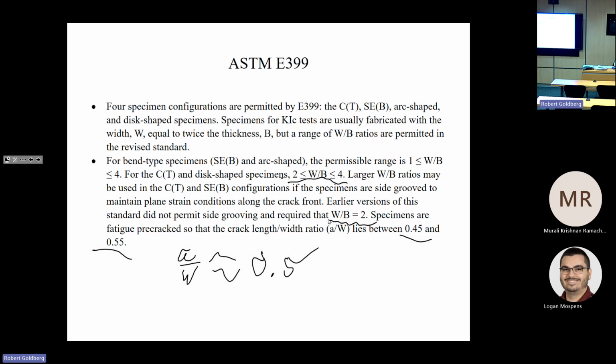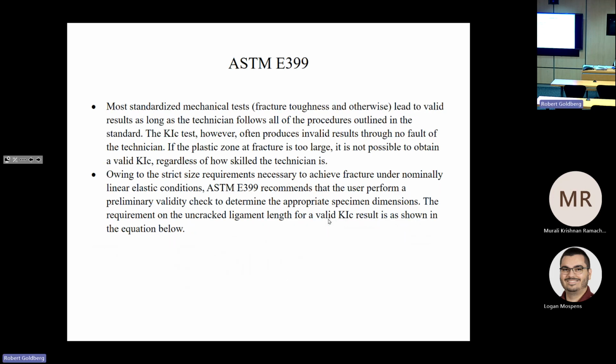We'll talk about this. Most standardized mechanical tests, fracture toughness and otherwise, lead to valid results as long as all the procedures outlined in the standard are followed. But what has to be monitored is that if the plastic zone at fracture is too large, no matter how good the technician is, it's still not a linear elastic test, which means that it's not a valid K1C test.